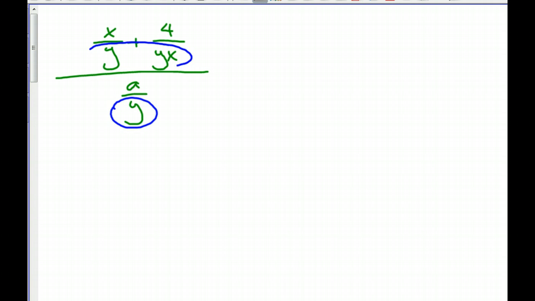Up here, I have 2 denominators. So I can't divide yet. I can't do this problem yet. I've got to have common denominators in the numerator and in the denominator in order to combine these things. So we're trying to get one fraction over one fraction. Here I have 2 fractions over one fraction.